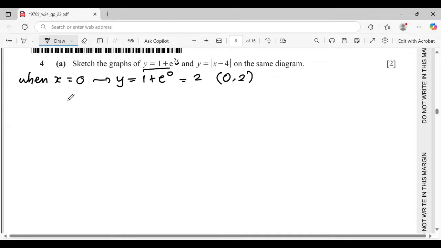So the coordinate point is 0, comma 2. If you sketch on the Cartesian diagram like this, for example, if this is 2 here, 0, 2, the graph looks like this.